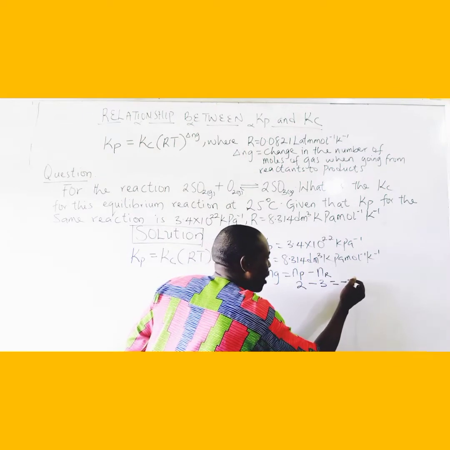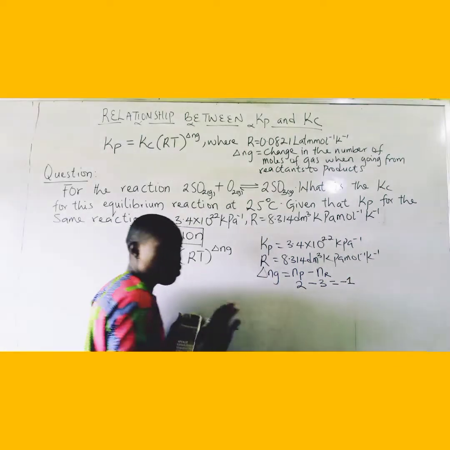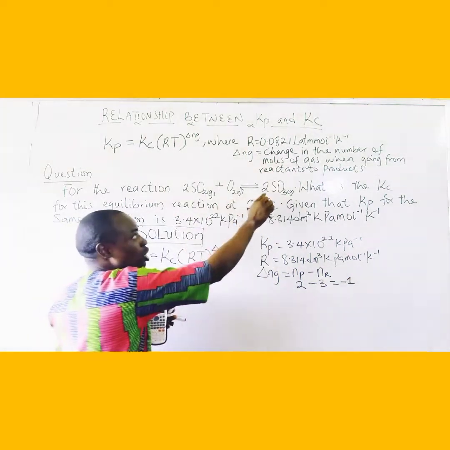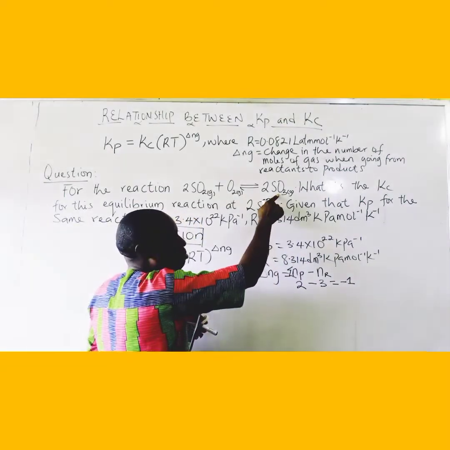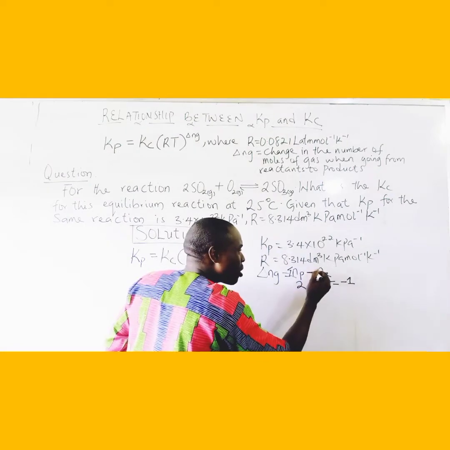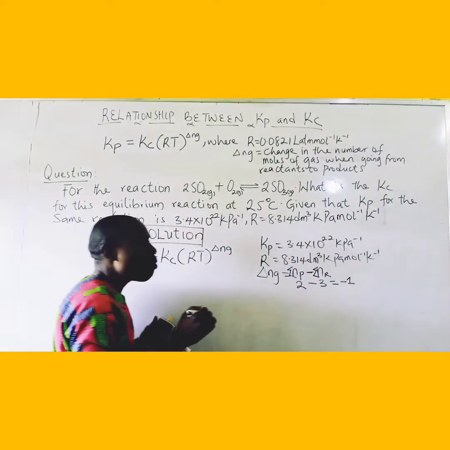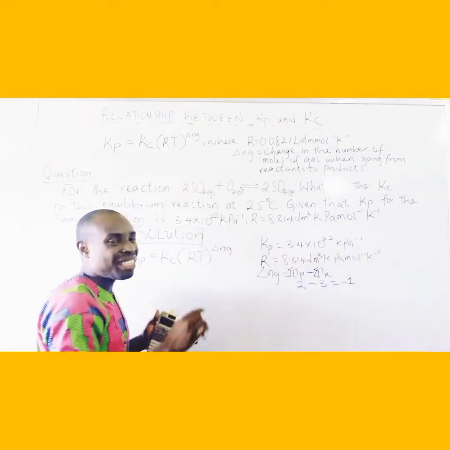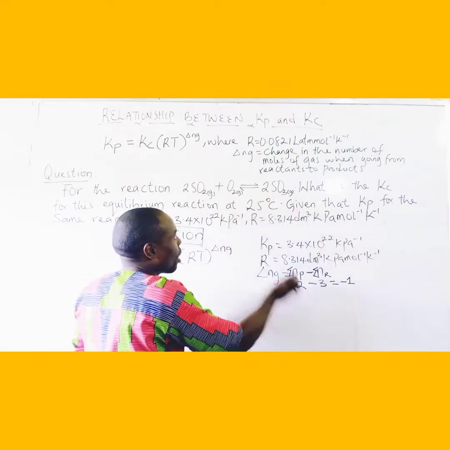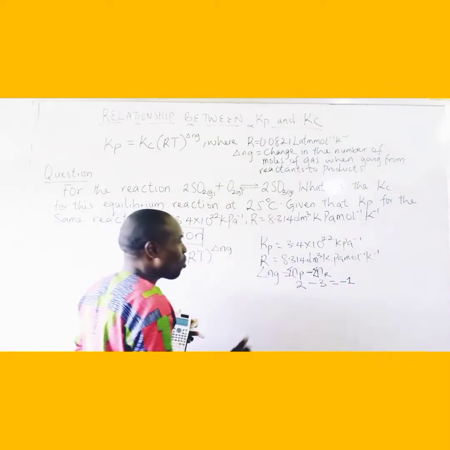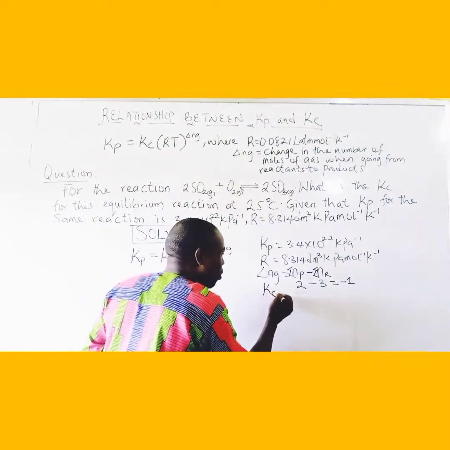And it will give me minus 1. You see how it is going? The summation of the number of moles of the product minus the summation of the number of moles of the reactant. It's as easy as that. Here is 2 and here is 3, so minus 1. And we are looking for our Kc.